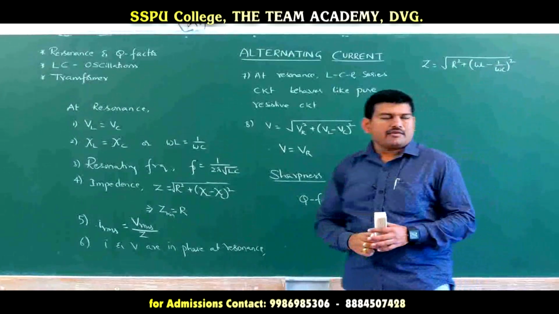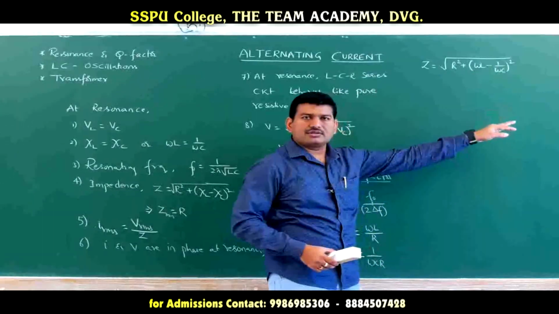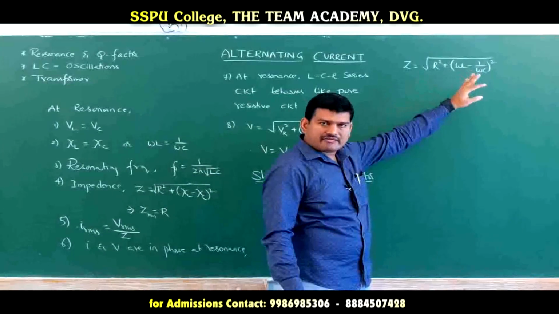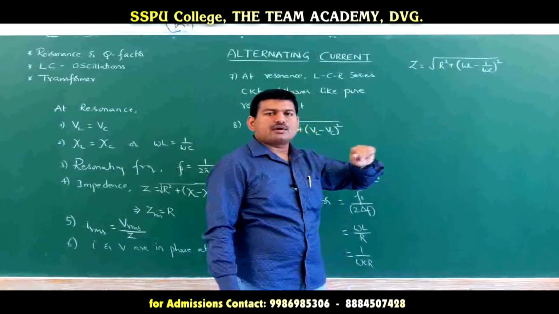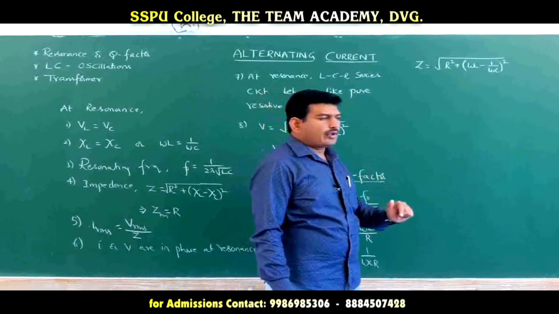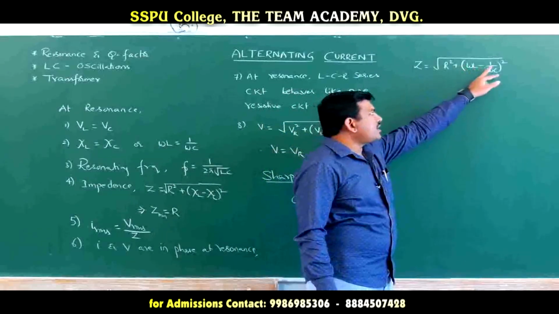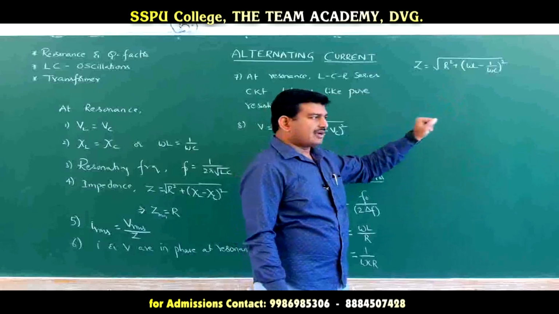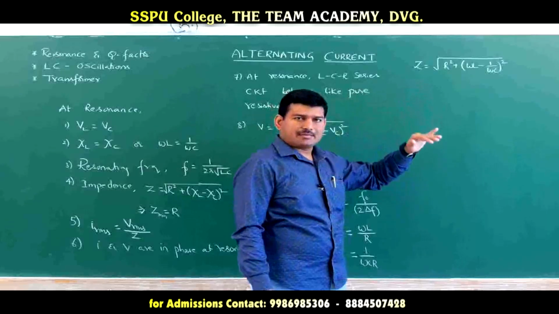Yes or no? If omega is not equal to omega naught, that means whenever the angular frequency of the circuit is not equal to the resonating frequency, what is going to happen? Omega L is not equal to 1 by omega C. Then the impedance won't be the minimum.